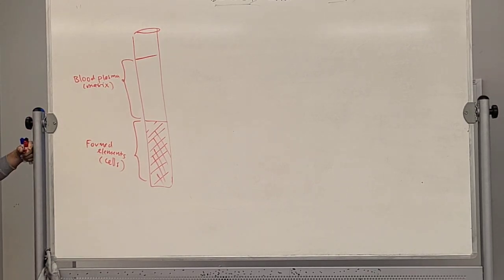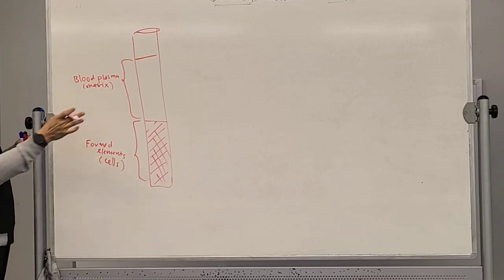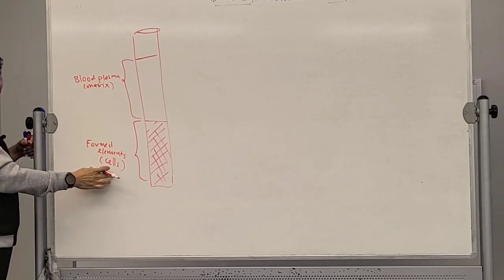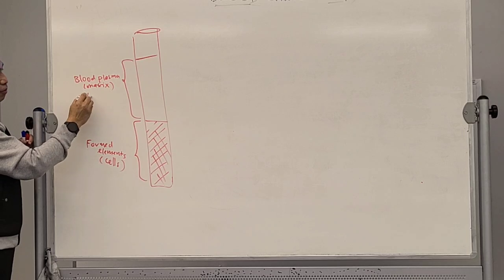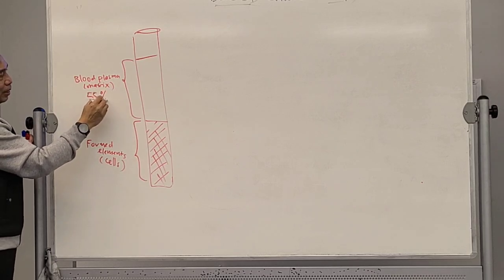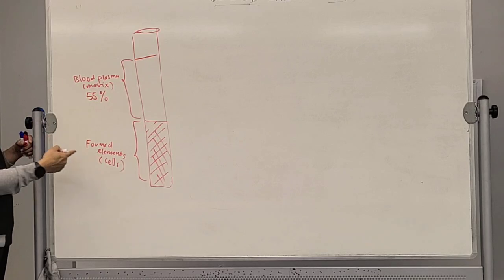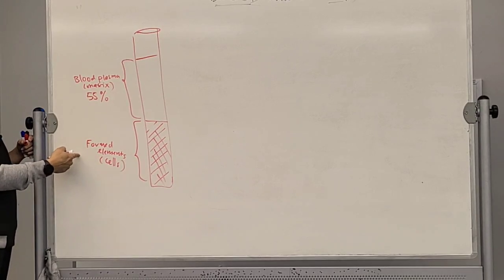Now, the homeostasis or the normal ratio between blood plasma and the formed elements is around 55% plasma. That's normal. And how many percent will the formed elements be?